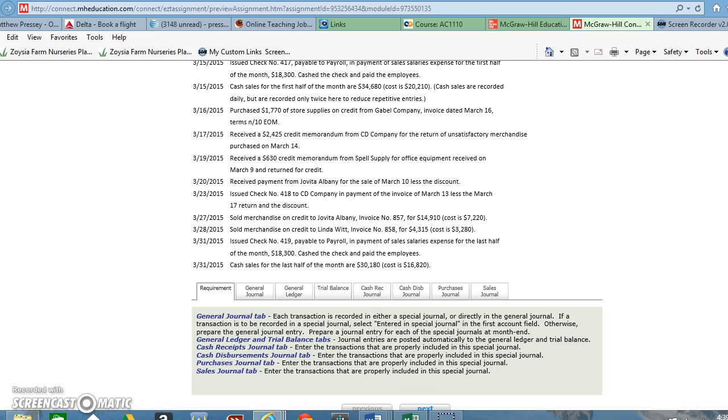And then this one, they ask you to put together a cash receipts journal, a cash disbursements journal, a purchases journal, and a sales journal. So that's the twist on what we've been doing so far on the previous assignments.